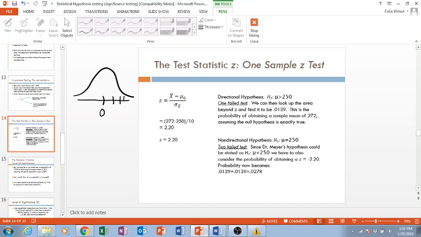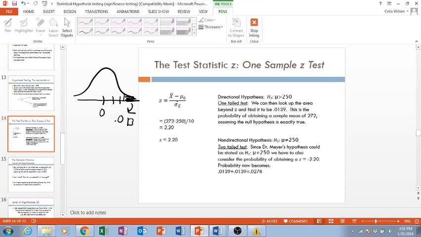So what we're going to be looking for is this area. So we will go to our book, to our table, and find the area beyond the z. So for 2.2, this area, I went and looked it up for you, is 0.0139. All right.